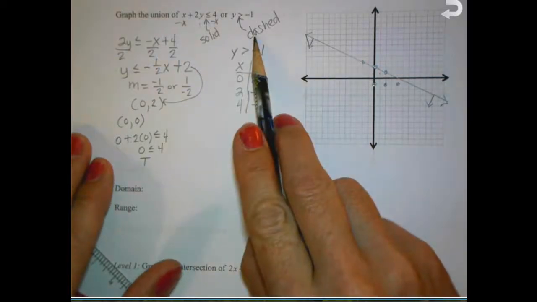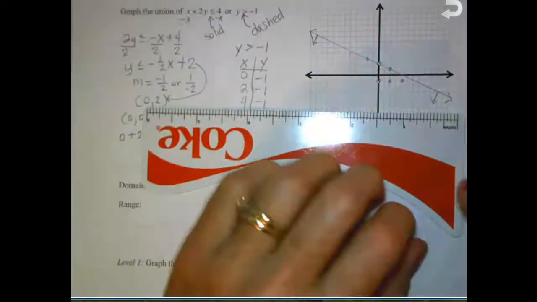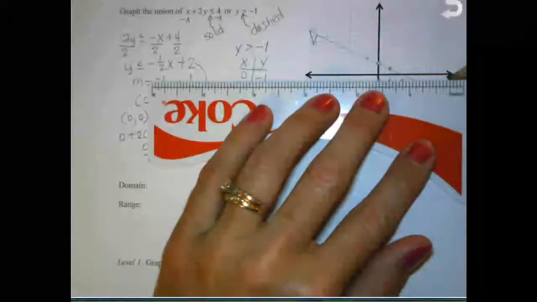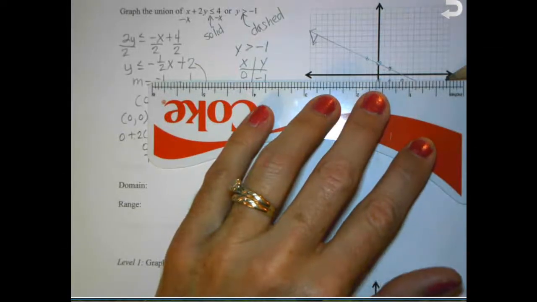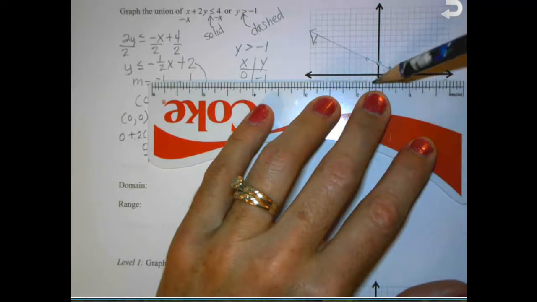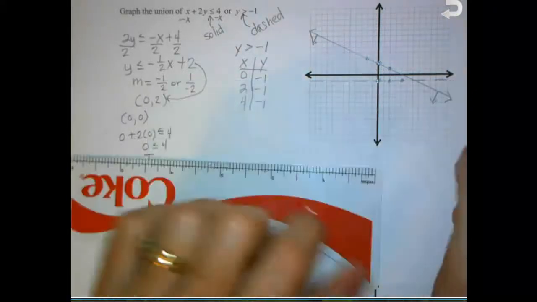And this one needs to be a dashed line, so I have a horizontal line at y equals negative 1. There, I made my dashes.